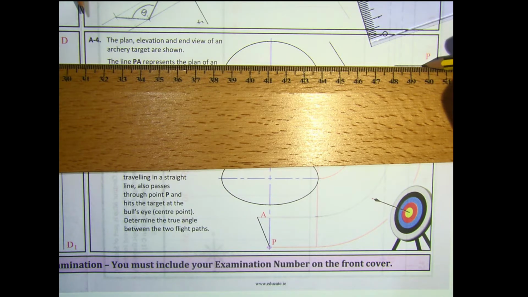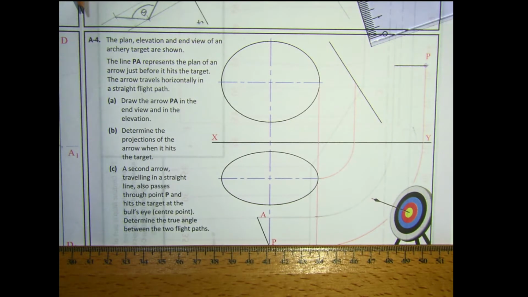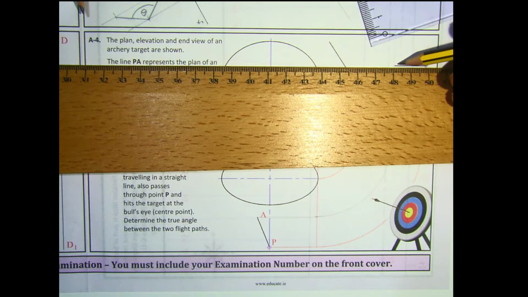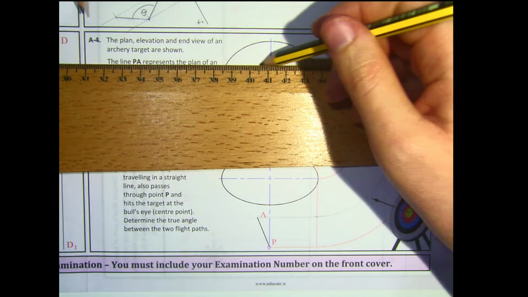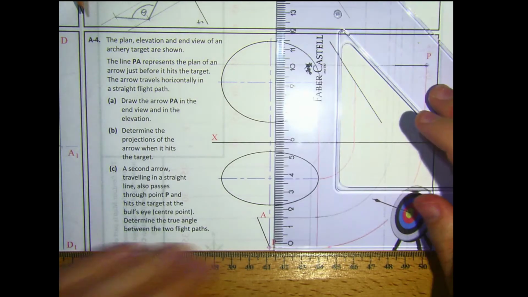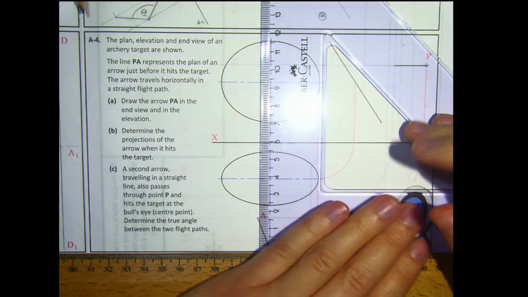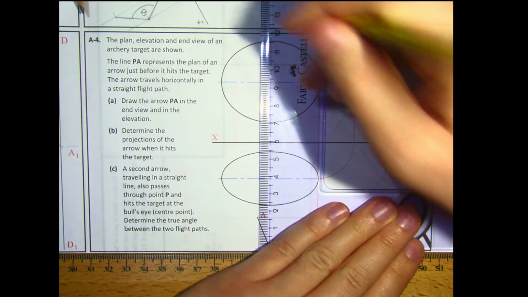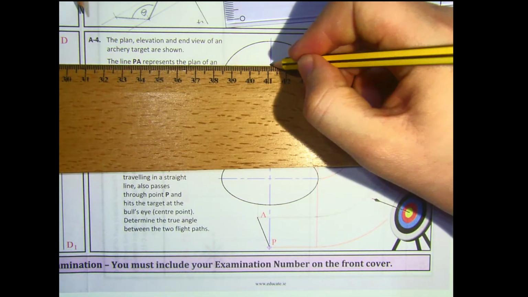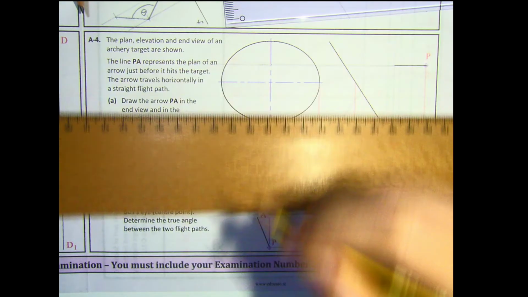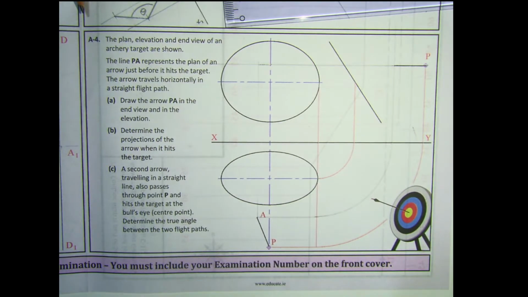So this is the arrow in the end view. Finding that same piece in the elevation, again it's at the same height, it's horizontal. This is the start point of it, it's in line with our center line, and point A is this here. So that's the elevation of the arrow for part A.